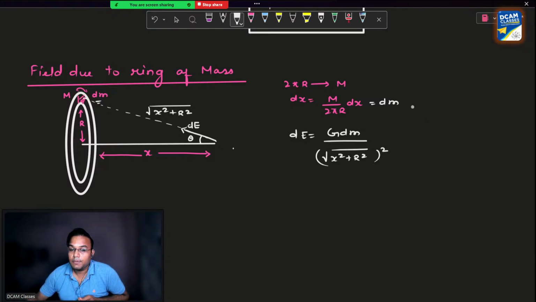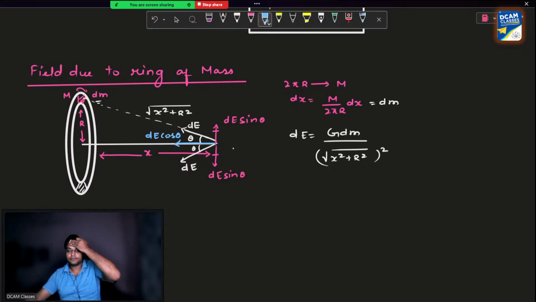Okay. Now, see, due to the lower part, if you take the similar element lower, due to this also there will be field in this direction also, and the value will be same. So if we take the vertical component, they will cancel each other out. dE sine theta and this dE sine theta will cancel. So we actually need only the cos theta component of dE.